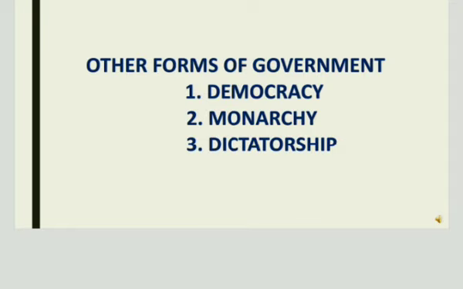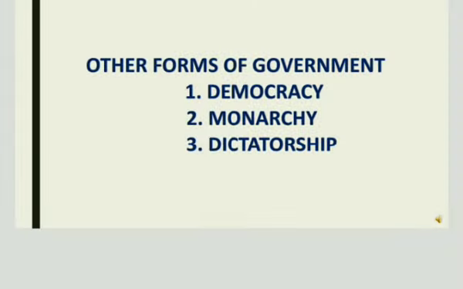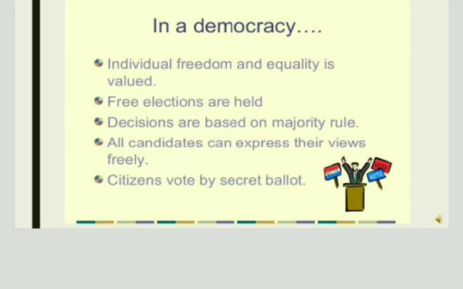In the dictatorship type of government, one person has whole power, and an example is Adolf Hitler, who ruled Germany like a dictator. We have already discussed that in a democracy, freedom and equality are very much valued.